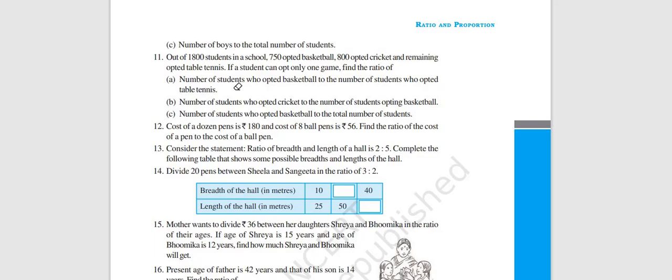Question 1 is the number of students who opted basketball to tennis. Basketball, how many? 750. Tennis, just now we calculated, that is equal to 250.